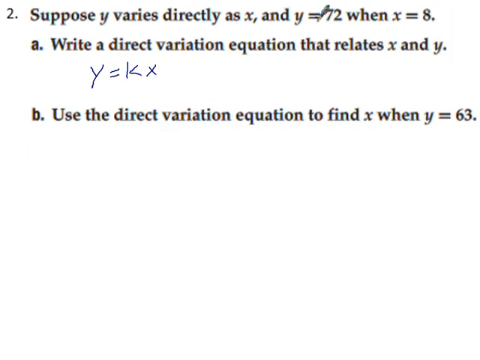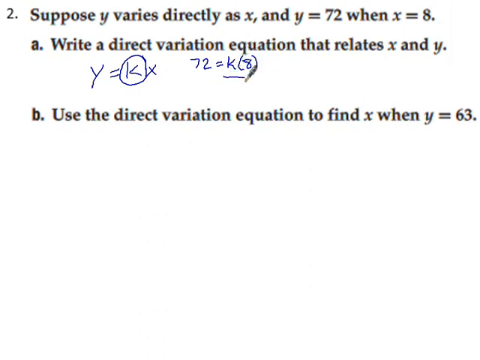And y is 72 when x equals 8. In order to write this equation, I need to figure out what k is. So k is my missing piece. I know that if y is 72, then x has to be 8. Now I need to solve this equation for k so that I can write my equation. I have k times 8.